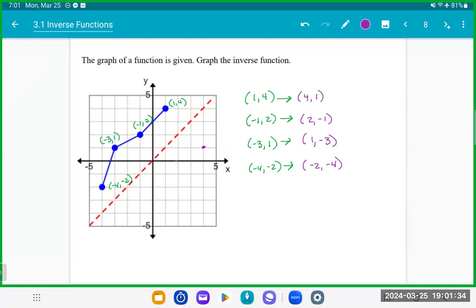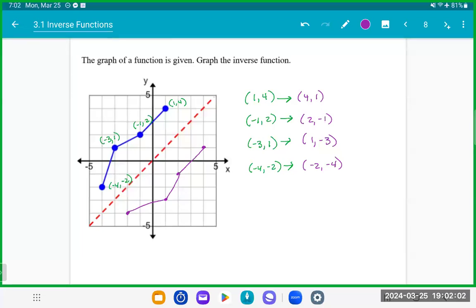We have the point 2, -1. We have the point 1, -3. And we have the point -2, -4. So that is what that inverse graph of the blue line would be, the purple line.